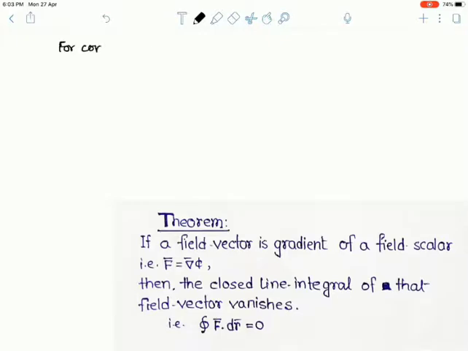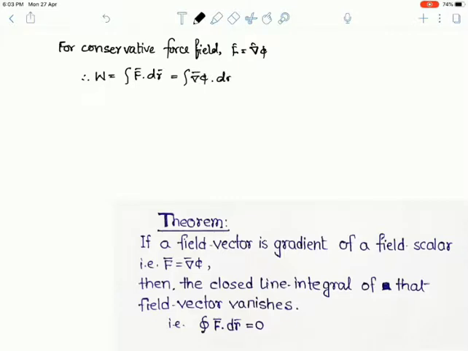So for a conservative force, curl of F equals 0, and then we can write the force F equals gradient of some scalar function, say phi. If we put this in the equation, W equals integration of F dot dr, that is integration of grad phi dot dr, that is integration of d phi.